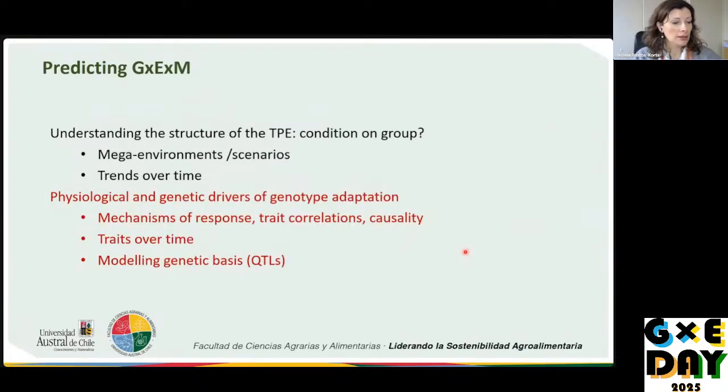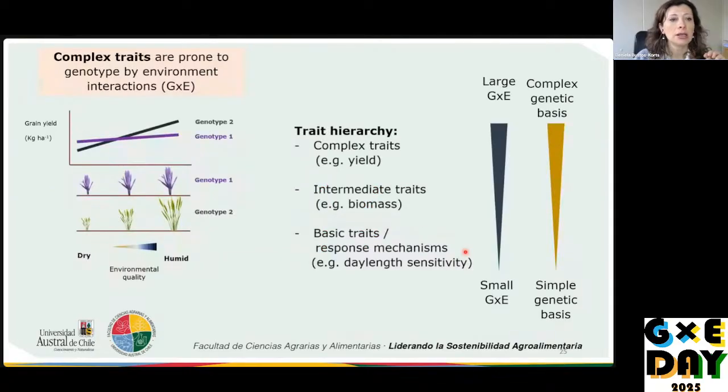So that's one thing. And then we can zoom into the mechanisms, because until now we are only looking at a few traits, but we are not looking so much at the mechanisms, and we also didn't look at the QTLs yet, only phenotypes. Here we need to keep in mind that not every trait is the same. We have a hierarchy.